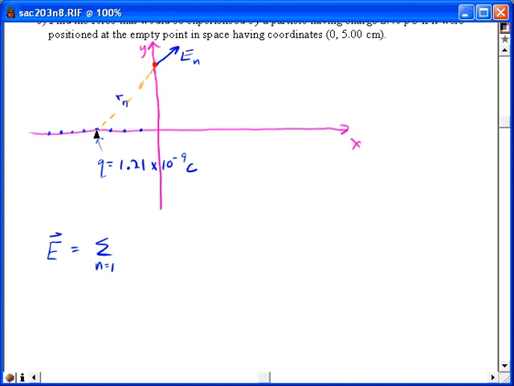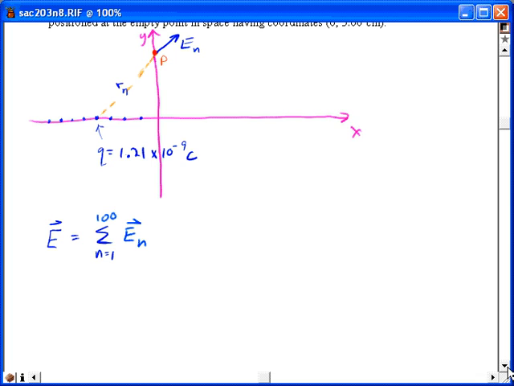Think of this as a generic particle. It's any one of them, and its distance from point P, where we're calculating the electric field, is R sub n. So we've got the sum from n equals 1 to 100 of E sub n, the vector.